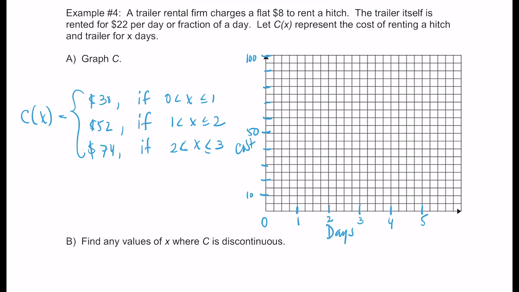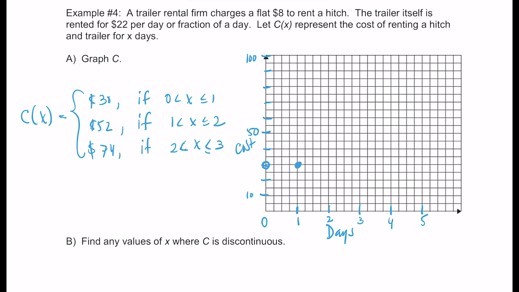If I want to graph this first one, C of X equals 30, that's just going to be a horizontal line at 30 from 0 to 1. So I want to find 30. I'm going to put an open circle here and a closed circle here.